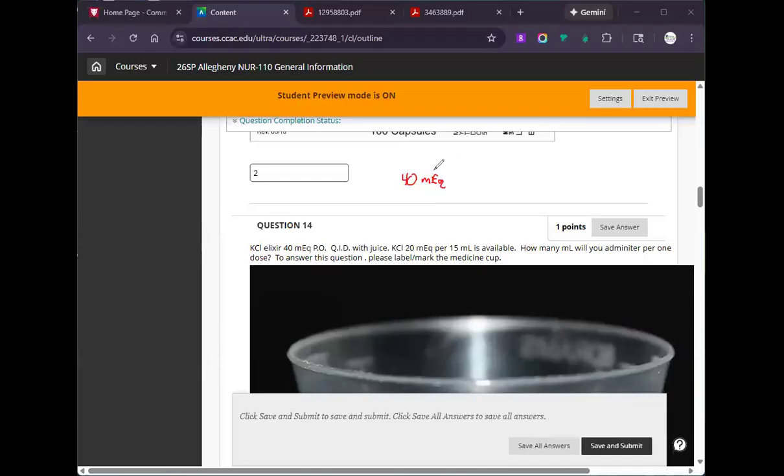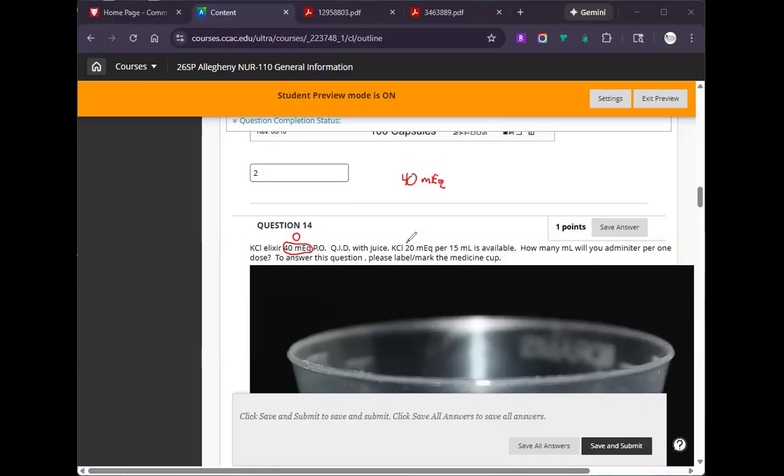Now you might be going, what the heck's a milliequivalent? Milliequivalent is just the unit, and QID just means 4 times a day. So my order is 40 milliequivalents. I'm just going to write an O next to that.